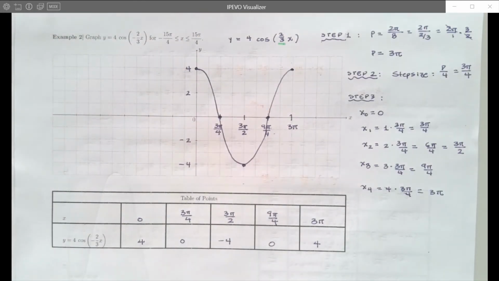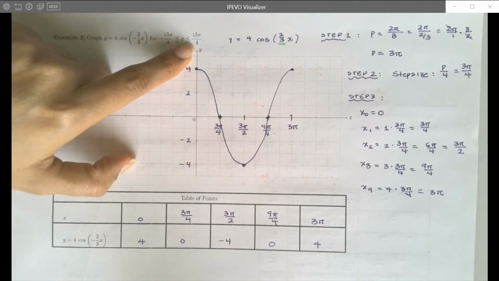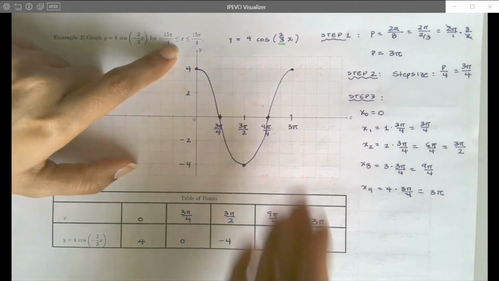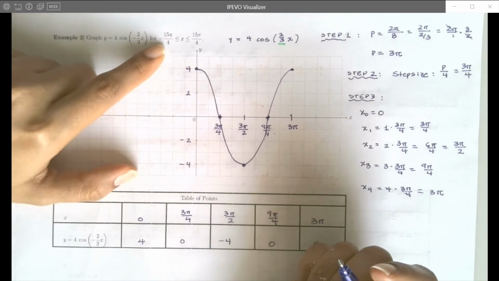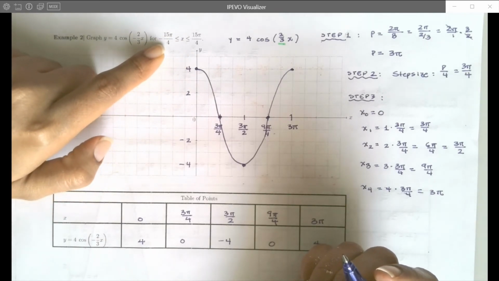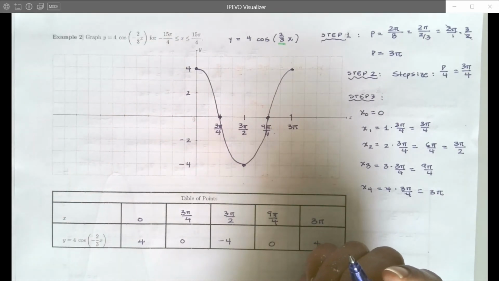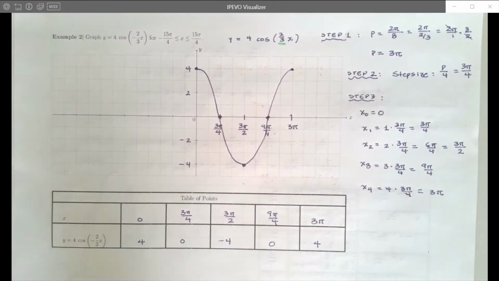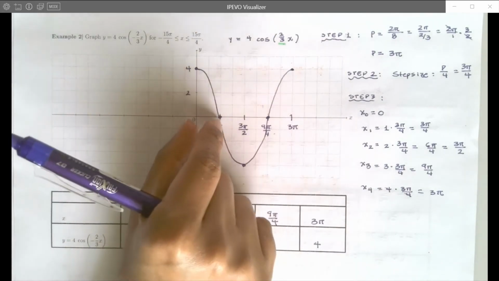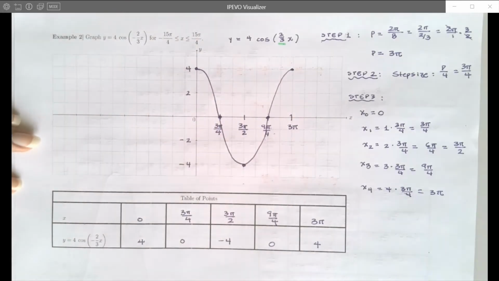Alright. Now this is supposed to extend all the way to 15 pi over 4 in the positive direction and to -15 pi over 4 in the negative direction. So we have to figure out where those are. Well, we said the size of the interval in between is 3 pi over 4.